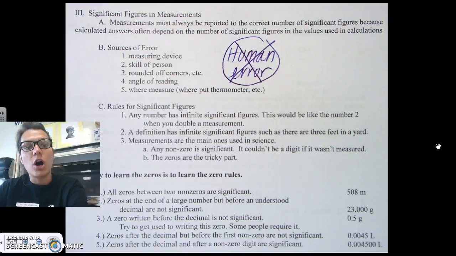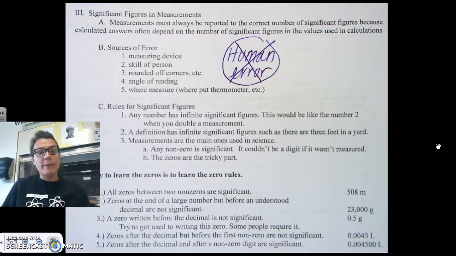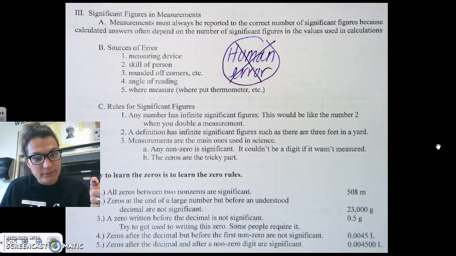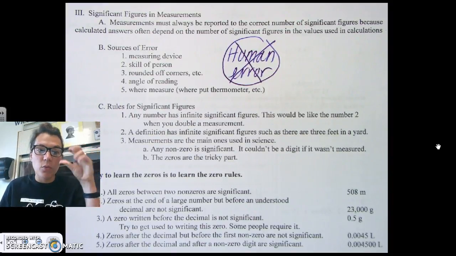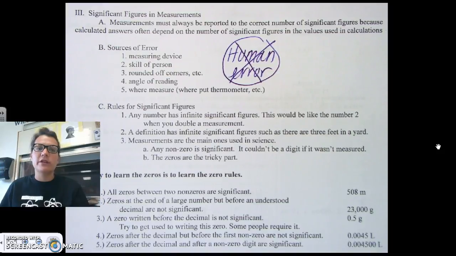Did you have a wrong angle of reading? Where did you measure? Did you put the thermometer on top of the hot plate? Or did you hold the thermometer in the middle of the water to get a better reading? Okay, so these are all types of things that you need to take into account, and this is why significant figures are important.